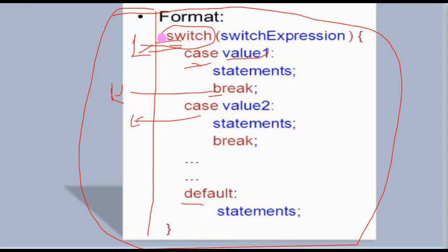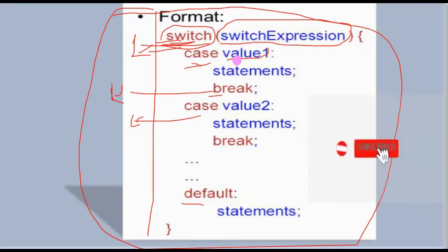There is the keyword switch, then within the parentheses there is a switch expression. If the switch expression matches the constant value, which is case 1, the statement of the block is executed.